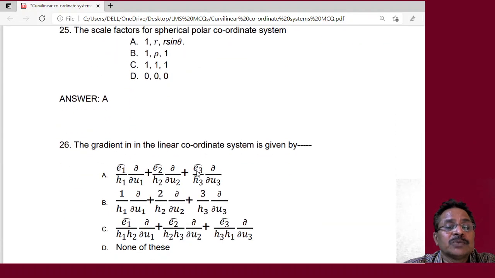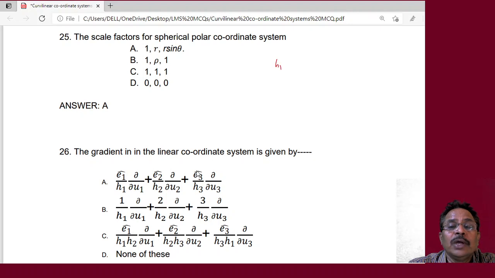Now the scale factors for the spherical polar coordinate system, h1, h2 and h3. In this particular coordinate system, r, theta, phi are u1, u2 and u3. Using these, gij is equal to del r bar upon del u1 dot del r bar upon del u2, and so on.